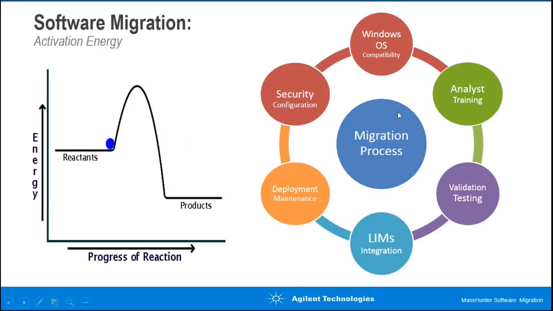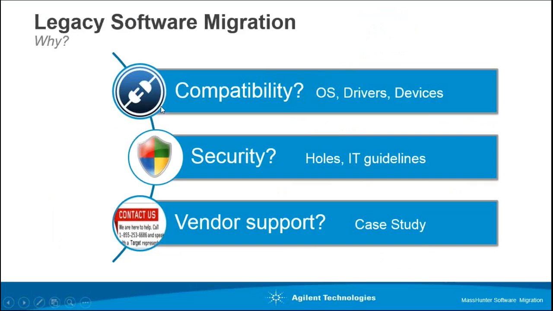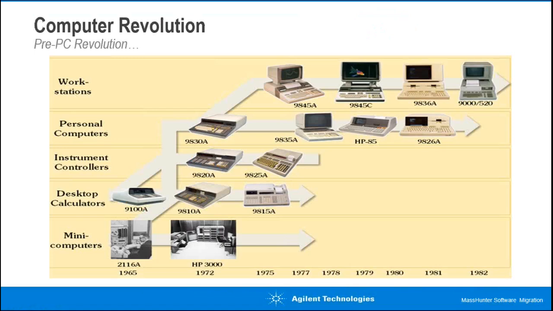And as you can see, there's multiple dimensions, and we'll cover these. The operating system compatibility, security constraints, deployment, LIMS integration, and the training and validation that's involved. Let me break that down into three different categories for you. Compatibility, security, and then vendor support.